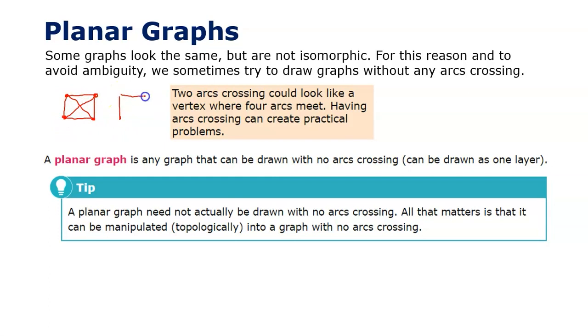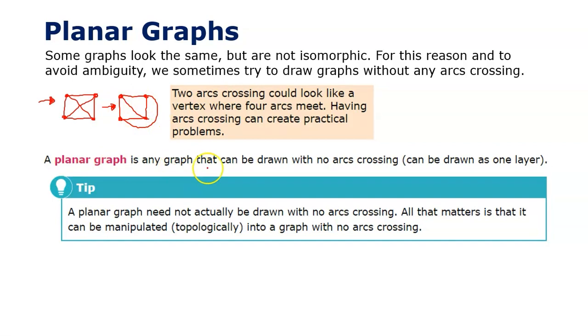So one way of avoiding that problem is to draw the last arc going around the edge of the graph. And you can see now they are joined. When you draw them like this, it's a bit confusing. This is definitely therefore a better way of doing it. And once you've drawn it like this, you can easily see it's planar.